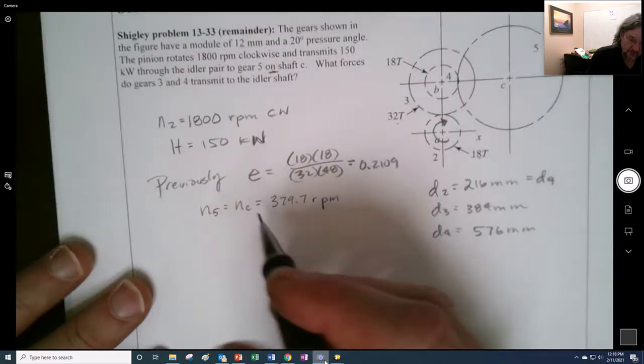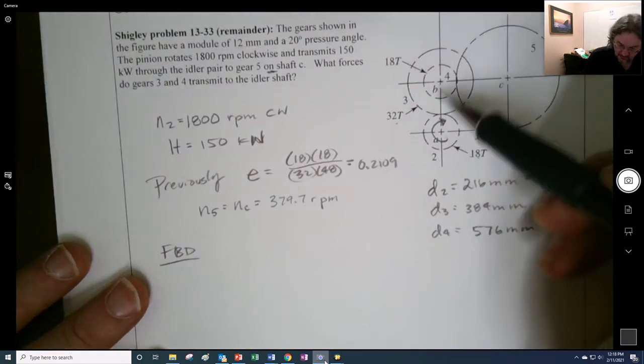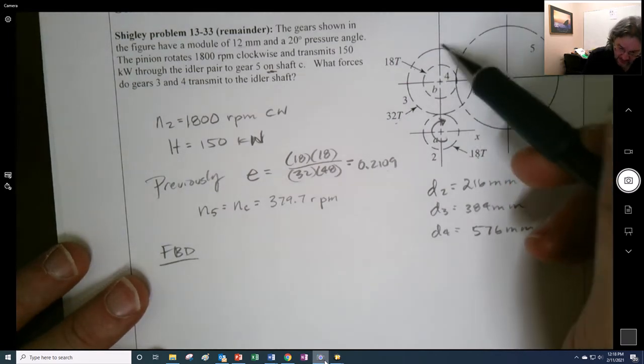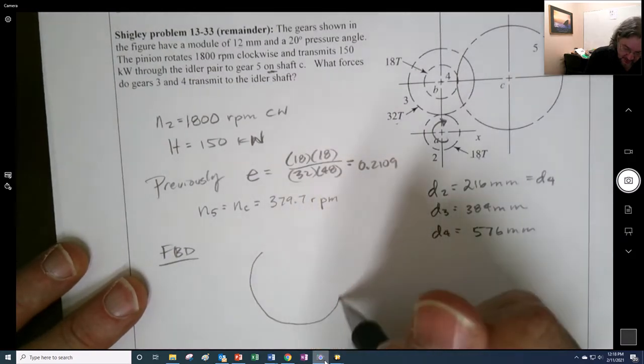So I'll draw my free body diagram, FBD, of both of the gears right in here, because we're looking for the idler shaft here.